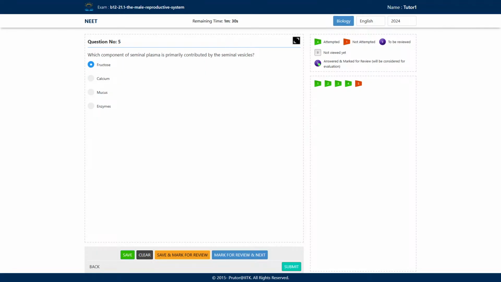Bulbourethral gland helps to lubricate the urethra, and it neutralizes the acidity due to urination. And neutralizing the acidity is very important so as to maintain the viability of the sperms.